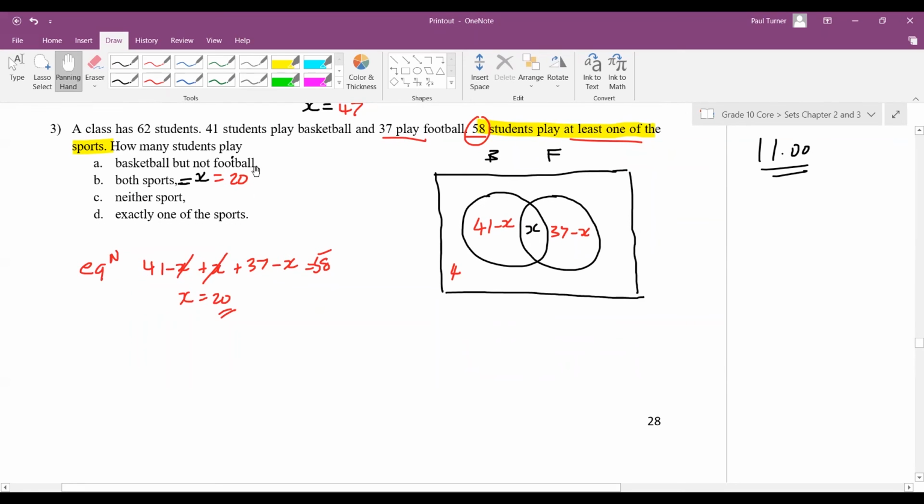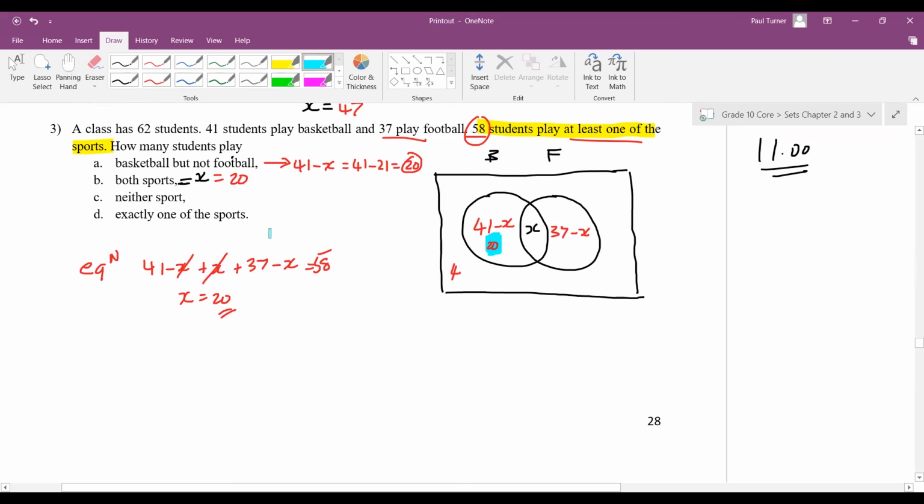So basketball, but not football. So this one here, 41 minus X. So that's 41 minus 20, which is 21. So this one down here will be 21. Let's color that in.